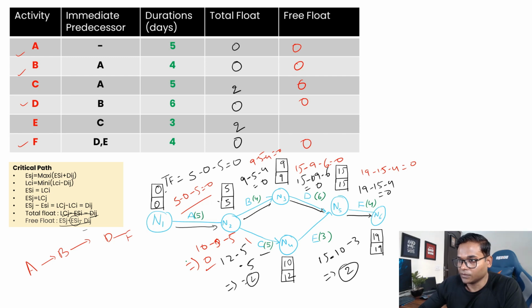And then free float for this one will be basically your, let's calculate this, 15 minus 10 minus 3, that's 2, so it will be a 2. Okay, so like this you can calculate your free float also. So this is what your free float column is, and this is total, and this basically completes this question of CPM network.